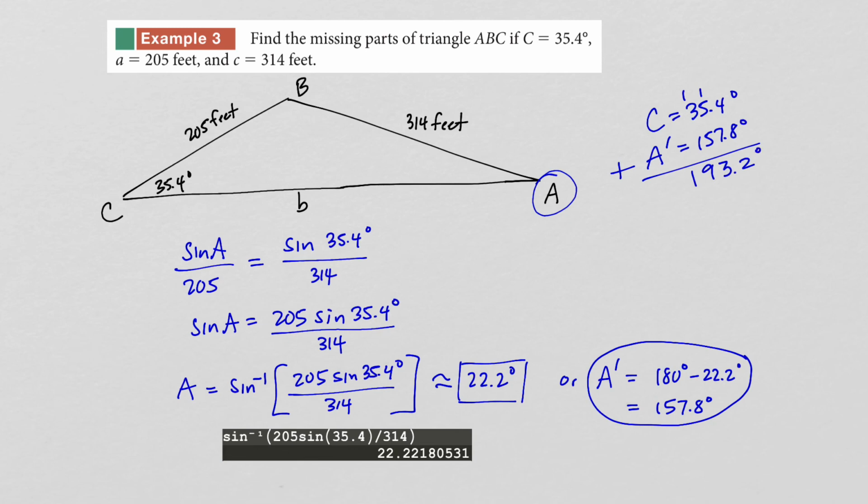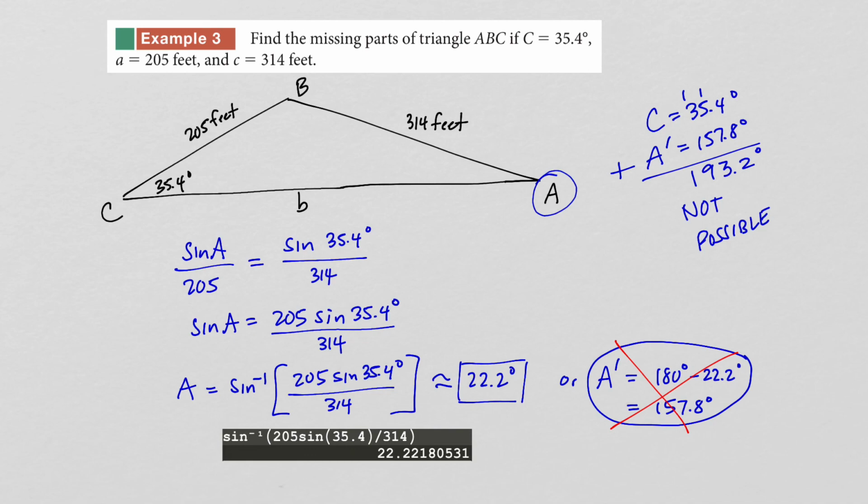Well, you should see that we get 193.2 degrees. That is not possible because if two angles of a triangle add up to be more than 180, it can't be a triangle, right? So in this case, we do not have a second possibility for angle A. It just doesn't work with the given information.